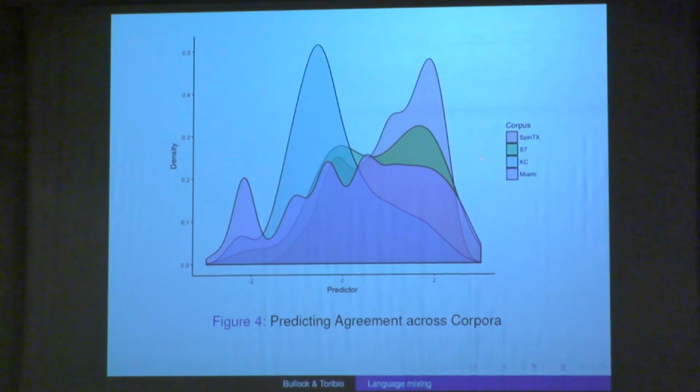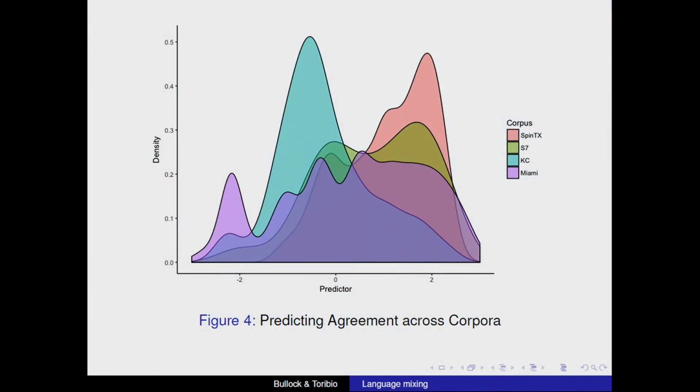But even for things like the Miami corpus and for the S7 that are primarily in one language or the other, it's still a little bit difficult to always find a single matrix language. You can see these lumps here around the 0 point, meaning there's just not enough data for them to agree on a matrix language. So we can test the matrix language this way, which I think is a valuable thing to do.